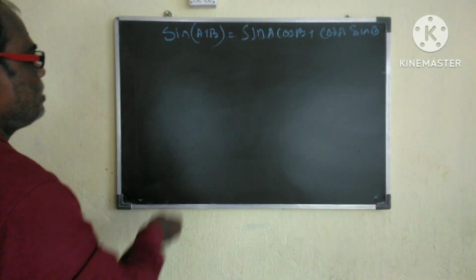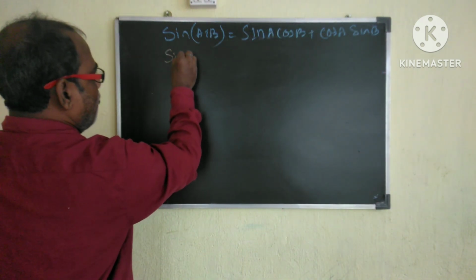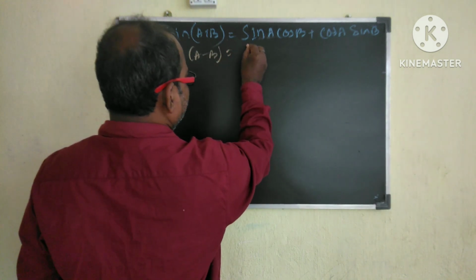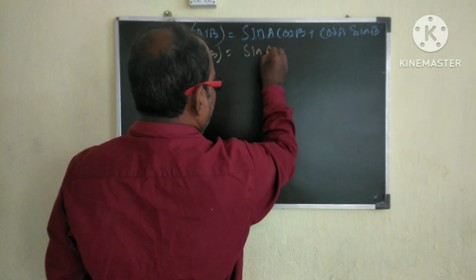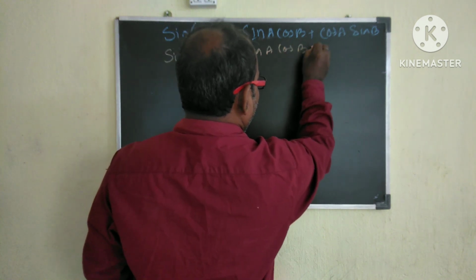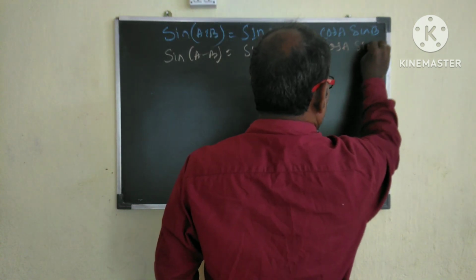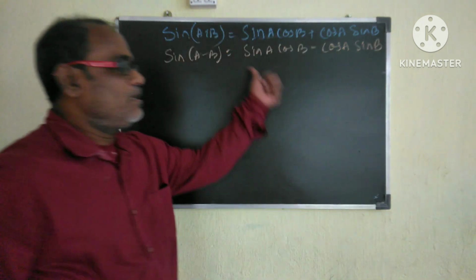And also we know that sine of a minus b equals sine a cos b minus cos a sine b. So we have learned this.